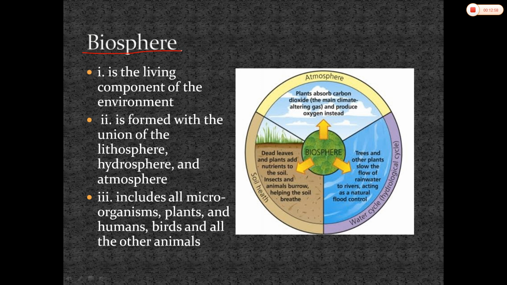It is a narrow zone of the earth where land, water, and air interact with each other to support life. As you can see here, the biosphere is everywhere. It is in the soil also.